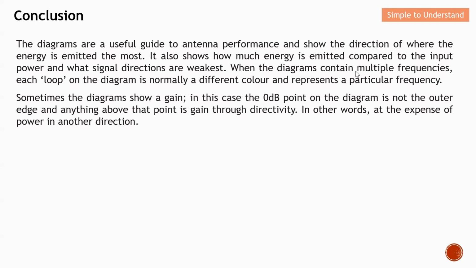When the diagram contains multiple frequencies, each loop on the diagram is normally represented by a different color, which I had shown to you earlier on. The different colors represent particular frequencies. Sometimes the diagram shows a gain. In this case, the 0 dB point on the diagram is not the outer edge, and anything above that point is gained through directivity. In other words, it is at the expense of power in another direction.